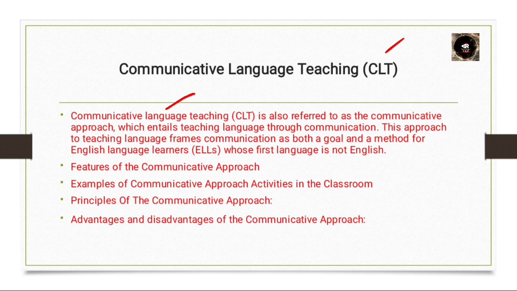This ensures that students can communicate effectively and confidently in real life situations through student to student interaction and student to teacher interaction. CLT essentially aims to have students learn a new language by actually using the language to communicate with those around them.